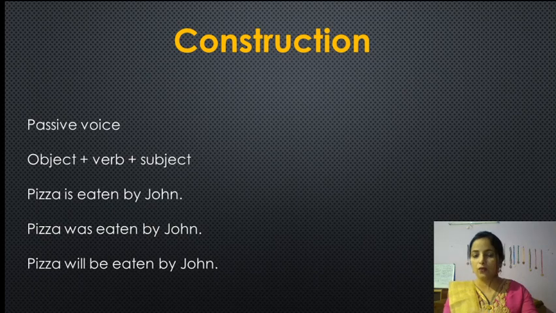And now we can see that John is the subject, but it has come in place of pizza, meaning it has come in place of object. Another addition, if you can see clearly, the word by is added here. So pizza is eaten by John, pizza was eaten by John, etc. So that's the basic difference. You need to remember that.